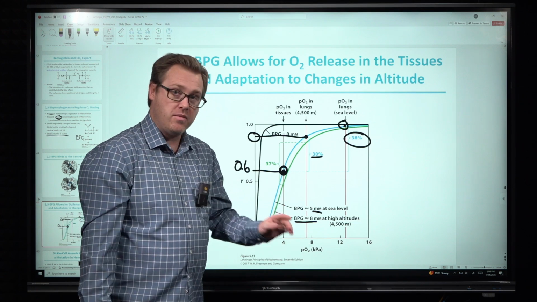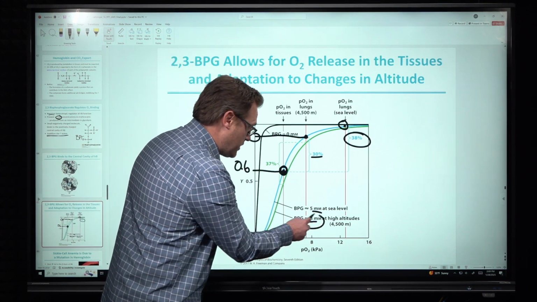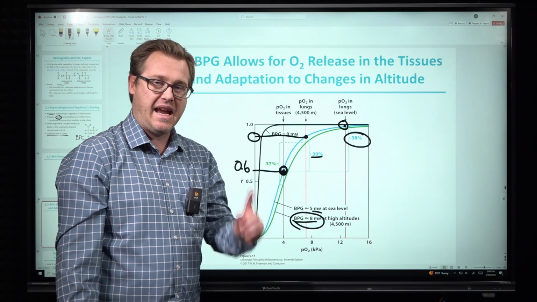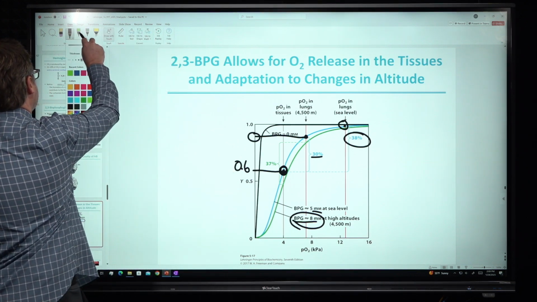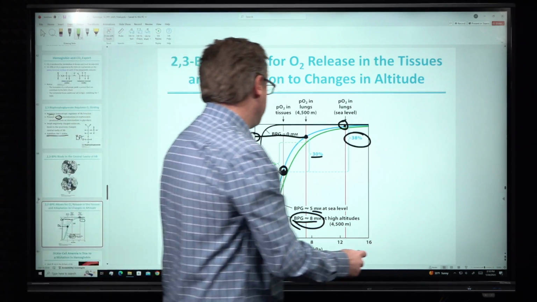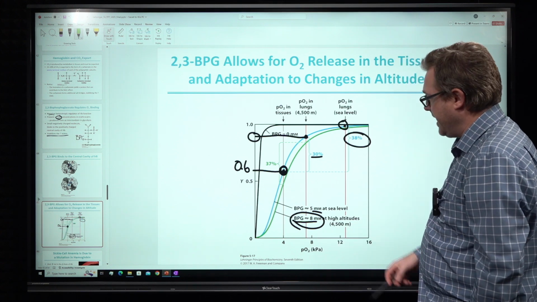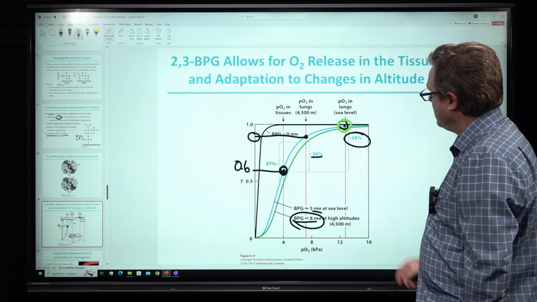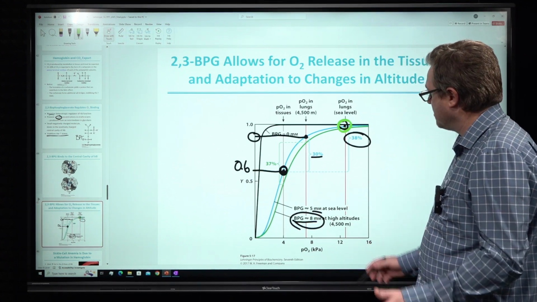When you go from sea level to a higher altitude, the concentration of BPG in your blood changes. It increases. And why do we want it to increase? Because take a look. When we look at the green curve, which is our BPG and hemoglobin, you see here, at sea level, still saturated just the same, okay?